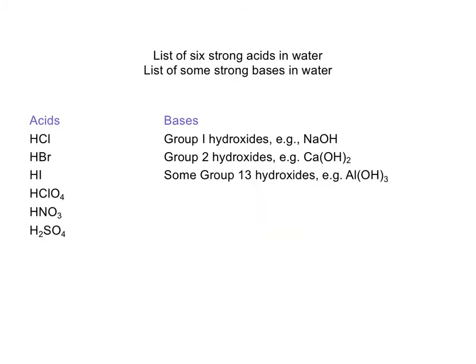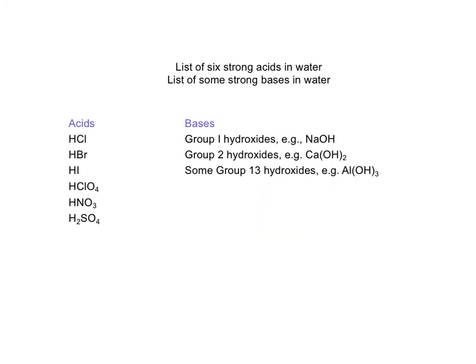All right, so here's a list of some strong acids, HCl, HBr, HI. These are the 6 strong acids that are found in nature. There's only 6. Perchloric acid, nitric acid, and sulfuric acid. The hydroxides, group 1 metal ions plus hydroxide, group 2 metal ions plus hydroxide, and then in group 13 it's aluminum, for example.